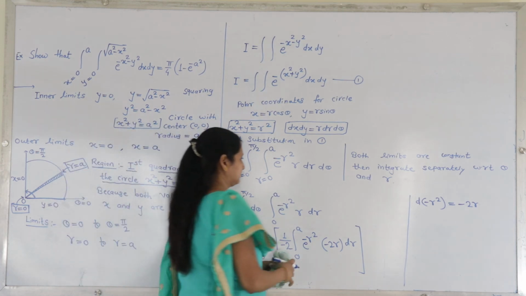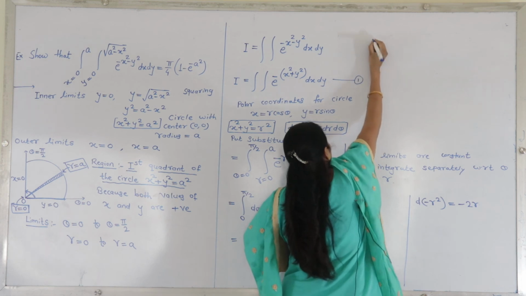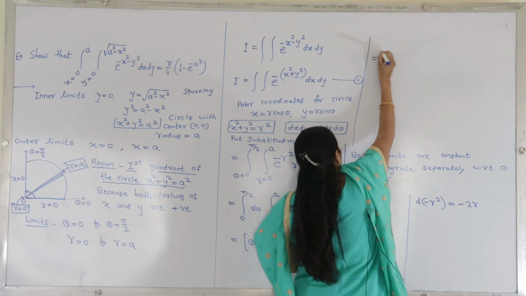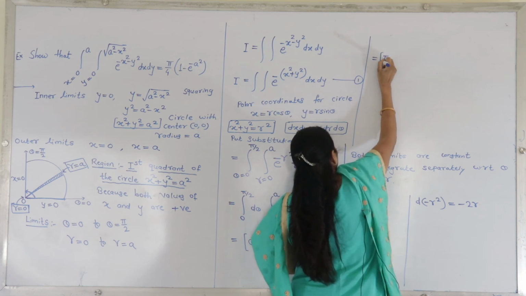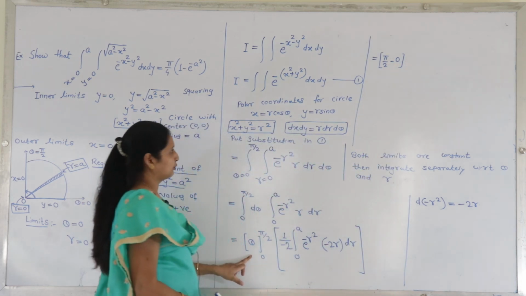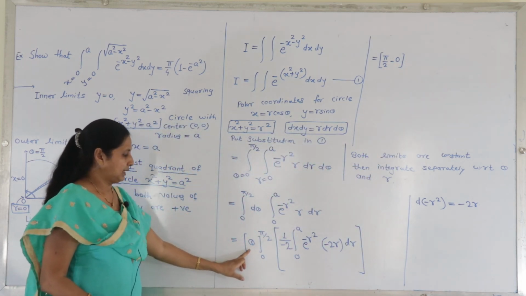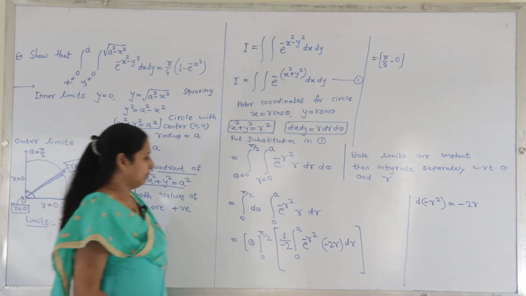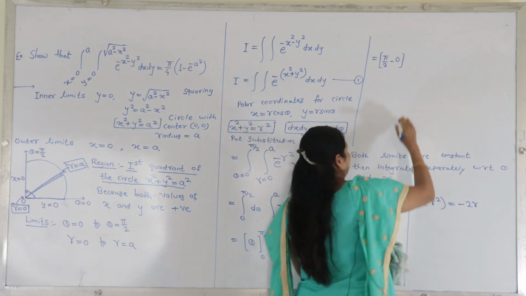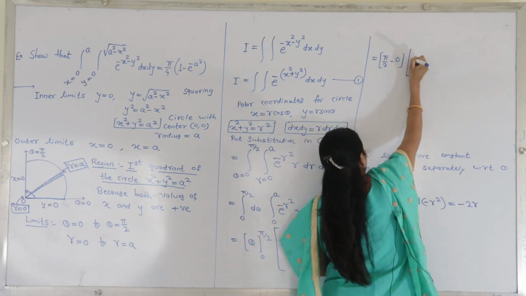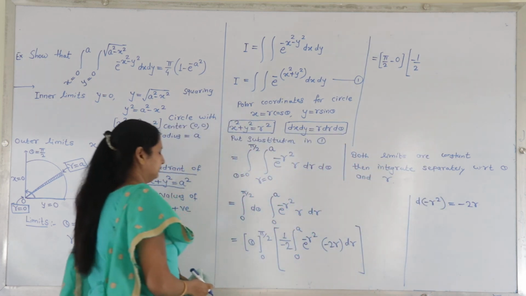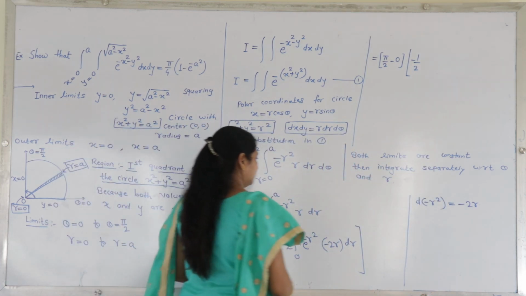Then limits of theta: upper limit pi by 2 minus lower limit 0. Now minus half, 0 to a, the minus half term is already here.